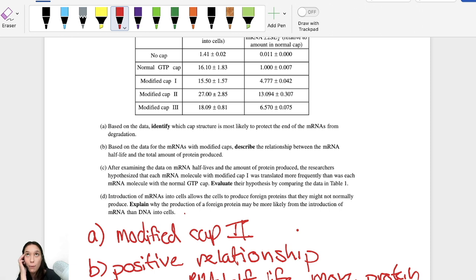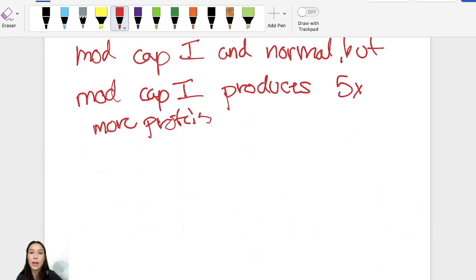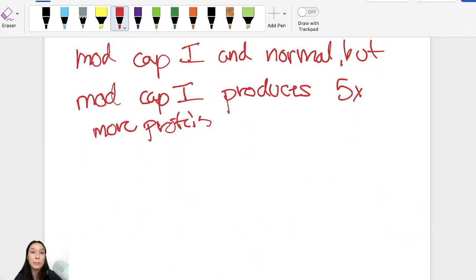Again, we're injecting this mRNA to make protein that's going to help with immune function. It's really asking why are they injecting mRNA but not DNA? Think about why mRNA would be easier and also more effective.